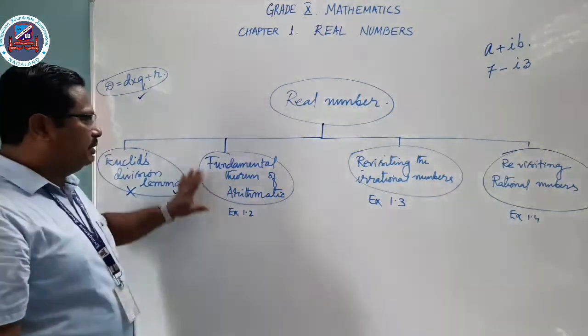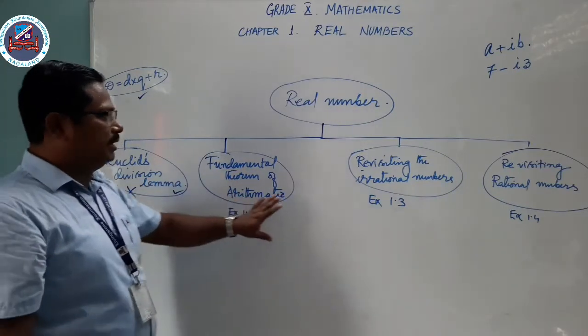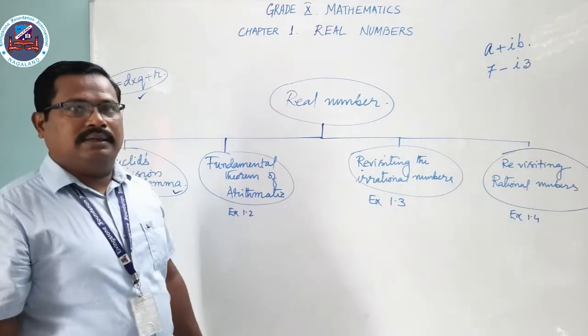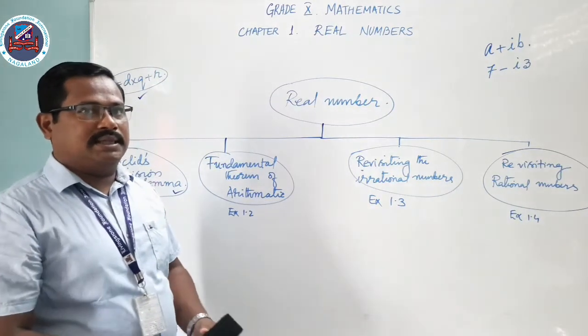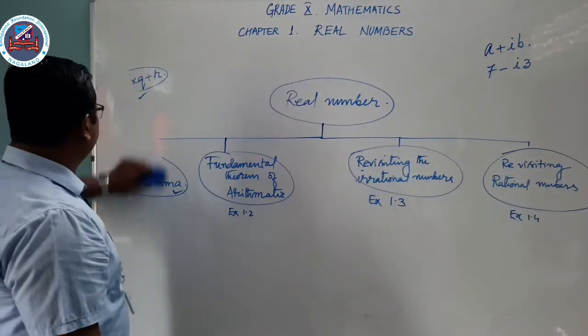So to begin with, let us see this fundamental theorem of arithmetic first. To understand the fundamental theorem of arithmetic, first of all, you should have a clear picture about prime numbers and composite numbers. So first let us discuss prime numbers and composite numbers.